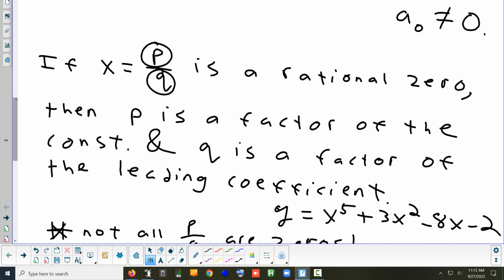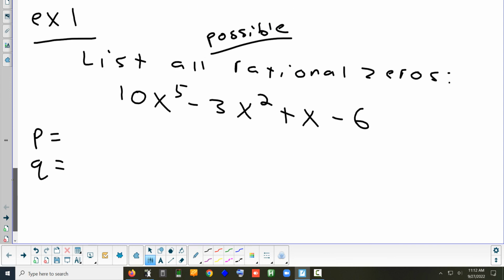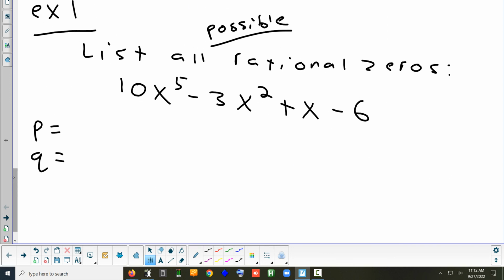P is the factors of the constant. What are all the factors of negative 6? 1, 2, 3, and 6, and the negatives. So positive or negative 1, 2, 3, and 6.